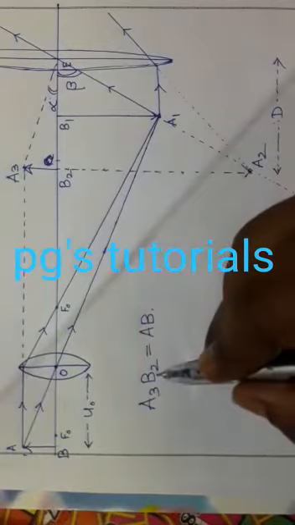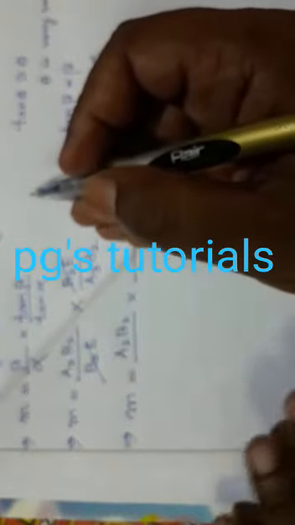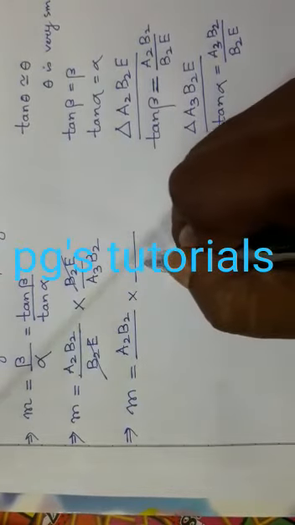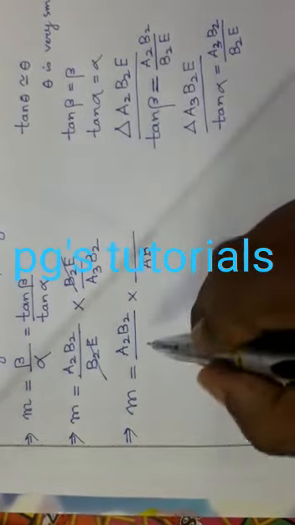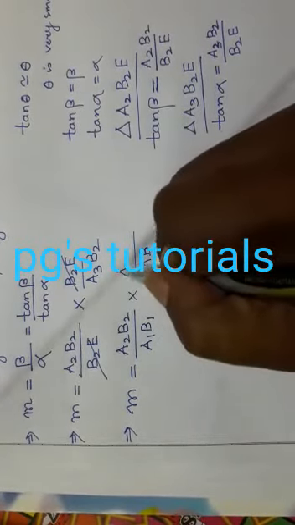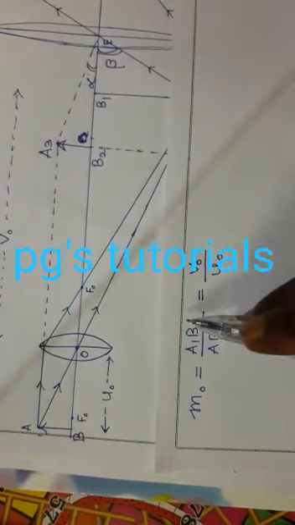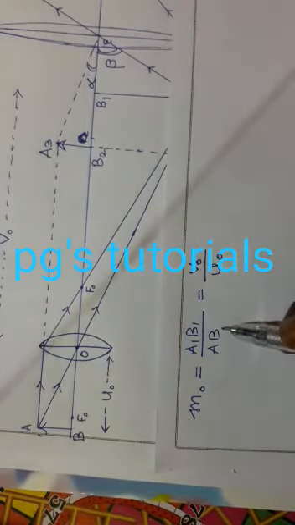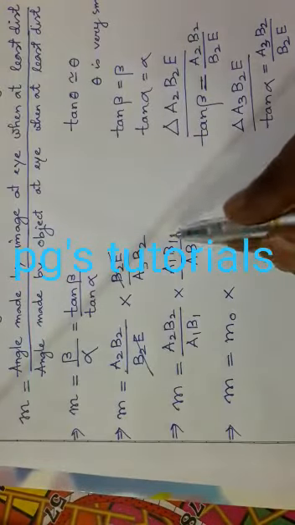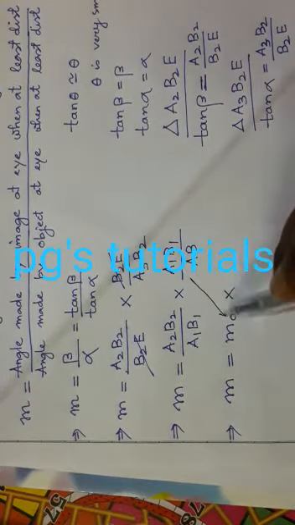So the expression becomes A2B2 by AB. Now here we will introduce A1B1 at the denominator as well as at the numerator. Now what is A1B1 by AB? A1B1 by AB is MO, magnification of objective. So in place of A1B1 by AB, we have substituted MO.